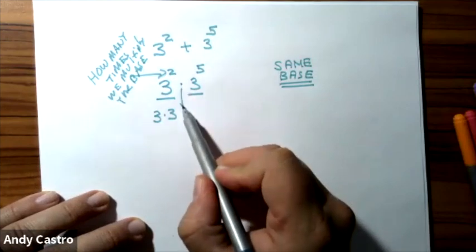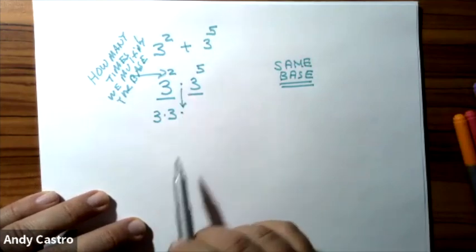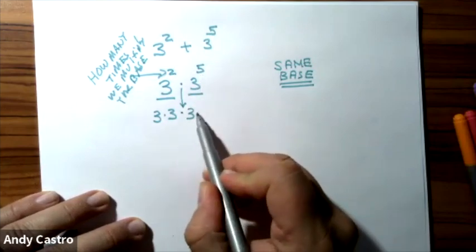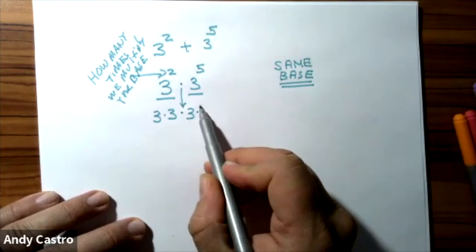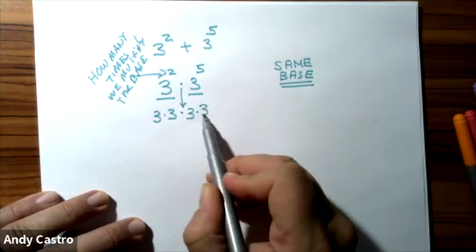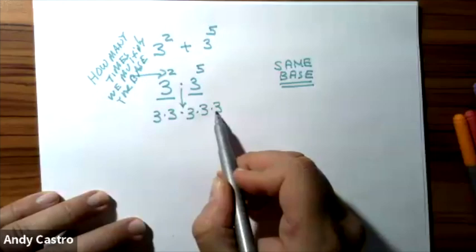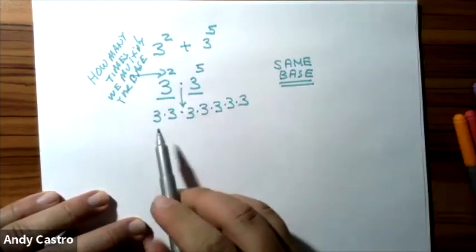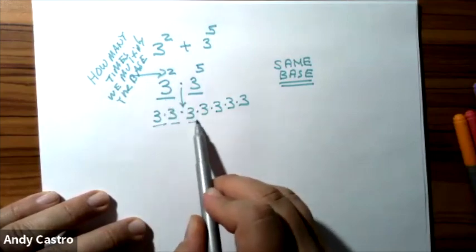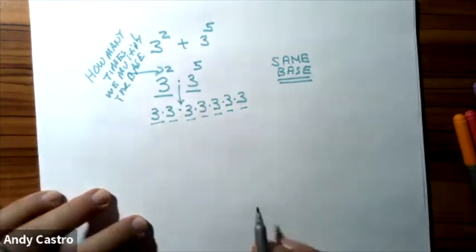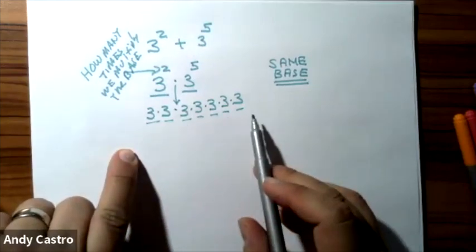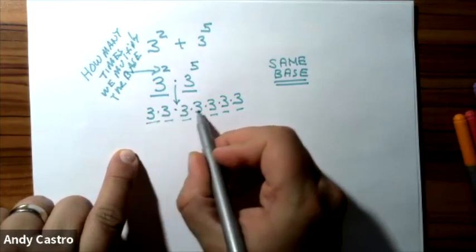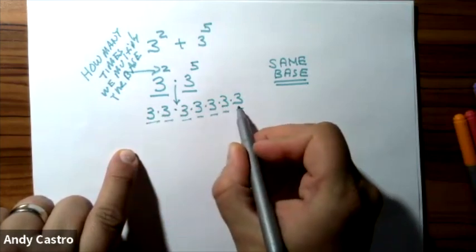Now we bring this times down here. And then 3 to the 5th power is 3 multiplying the base of 3 5 times. So 1, 2, 3, 4, 5. So we have 2 from this one, and 5 from this one. Now look how many times we're multiplying 3 together: 1, 2, 3, 4, 5, 6, 7 times.